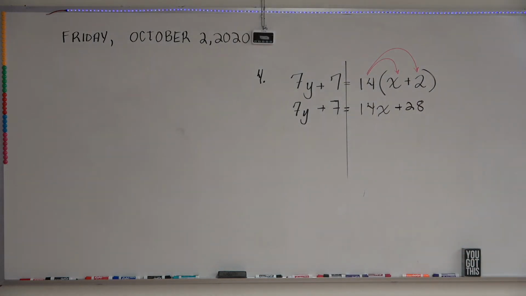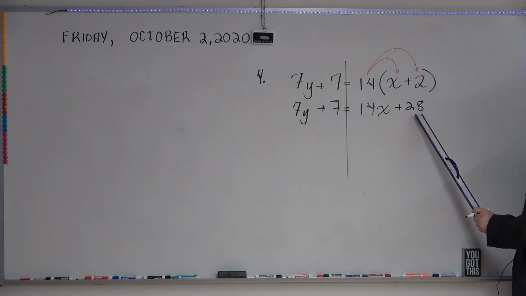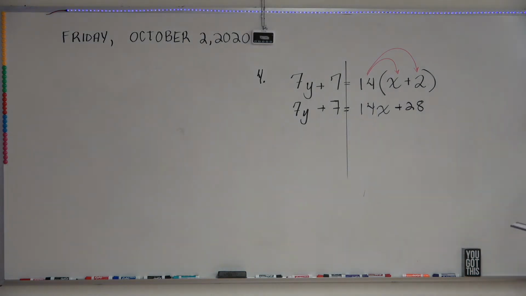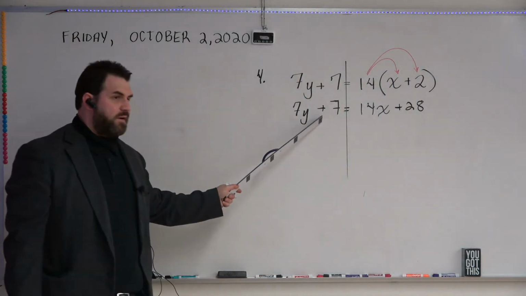Plus 7 plus 7 equals 14. If we add 7 to both sides, this will become a 14, and this will become a 35. Do you want to do that? Are we trying to get rid of the 7? If I have a positive 7 and I want to make it go away, what do I do?